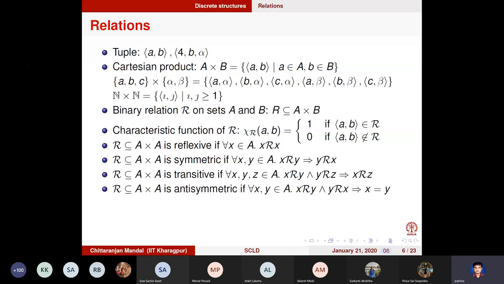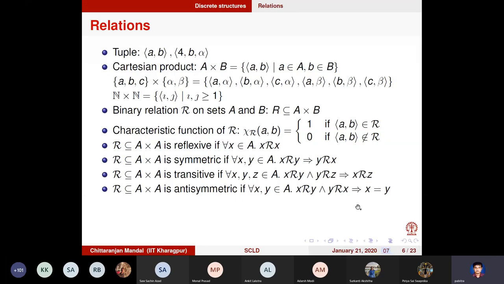So what is the antisymmetric property? A relation R over A cross A is said to satisfy the antisymmetric property if you take any x and y from A, and if x is related to y as well as y is related to x, it would mean that x is the same as y.